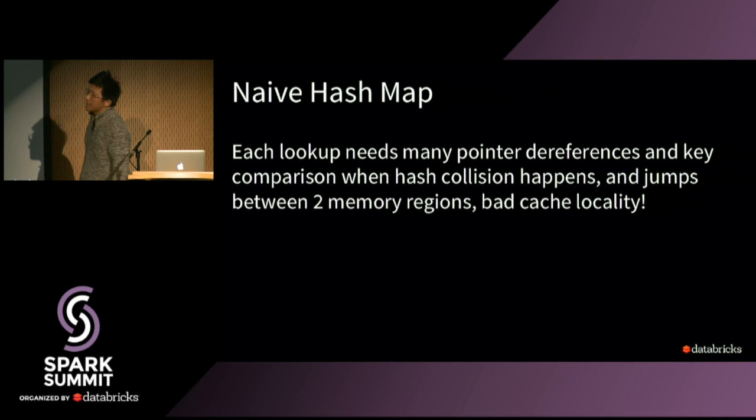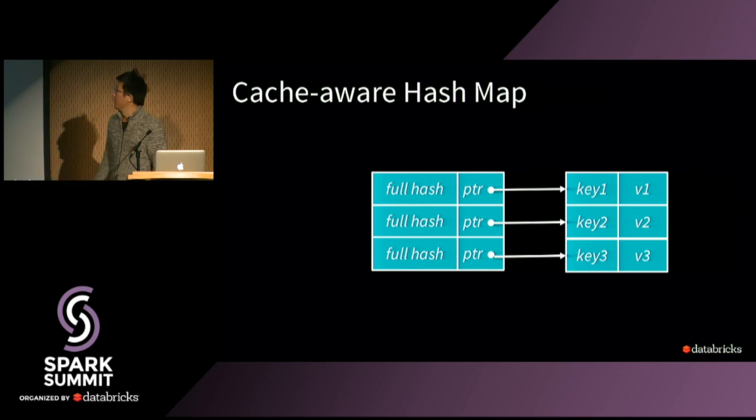This results in very poor cache locality and bad performance, because the CPU is jumping between two memory regions. So in Spark, we also introduced a cache-aware hash map to fix this problem.